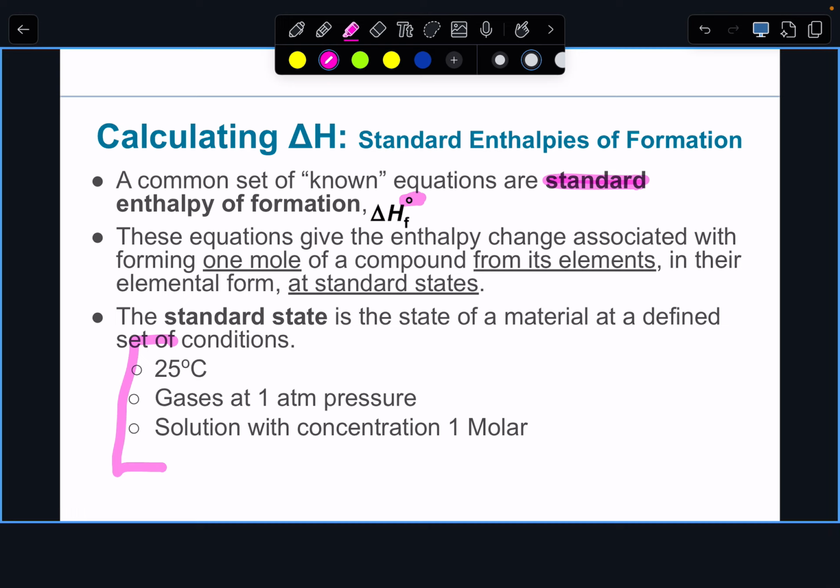Okay, so then the second thing you need to know about this is what do we mean by formation? So this is going to be a table of values for any given chemical to form 1 mole of it from its elements.